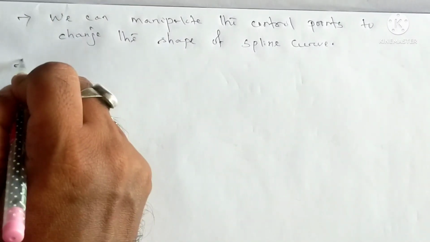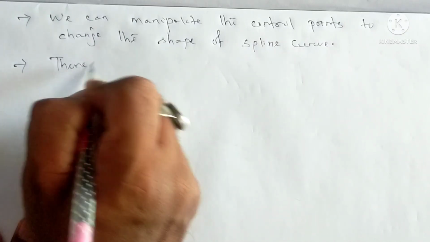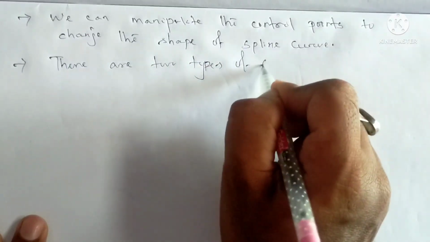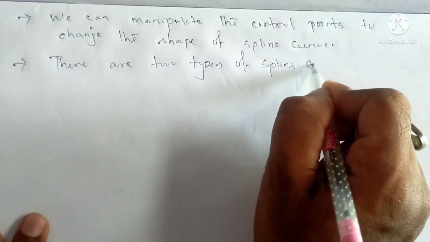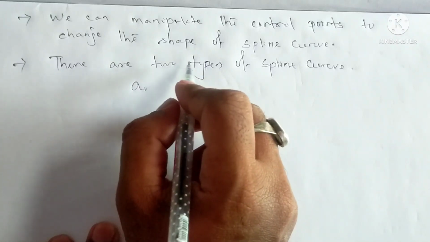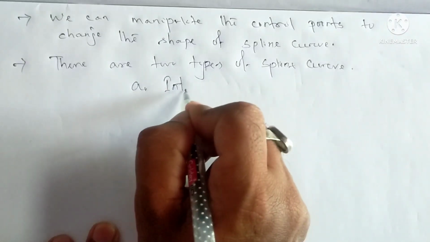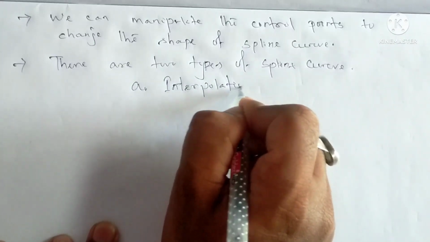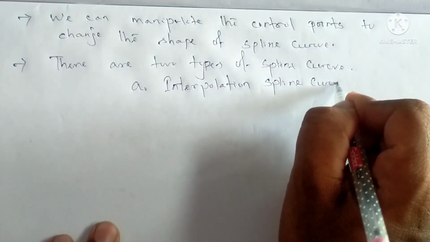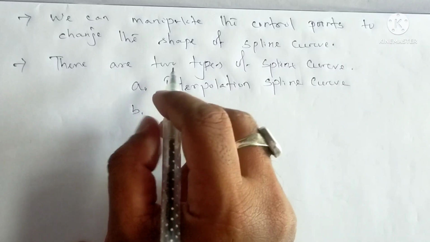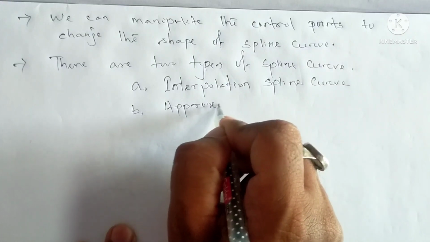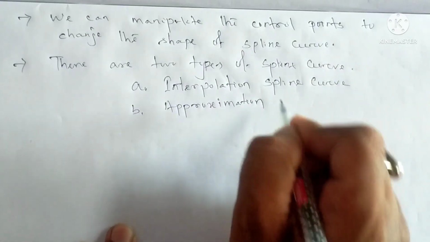So there are two types of spline curves. The first one is called interpolation spline curve, and the second one is called approximation spline curve.